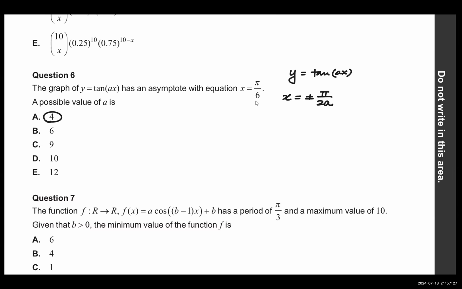So if you choose 4, then the bottom here will be 8, impossible. And when you choose 6, you will get 12, well, questionable. If you get a 9 here, well, we better see the other asymptotes, because what I'm saying here is just the middle two asymptotes for the tangent graph. So a good idea is to use your technology.